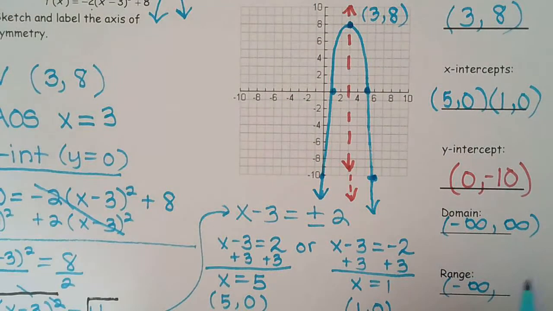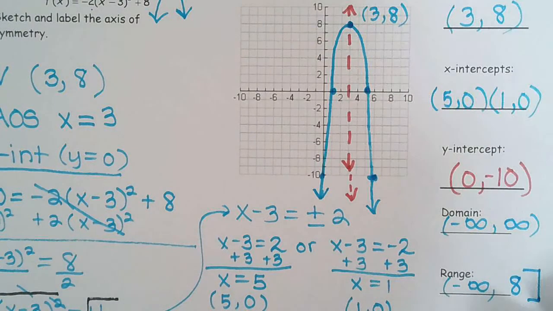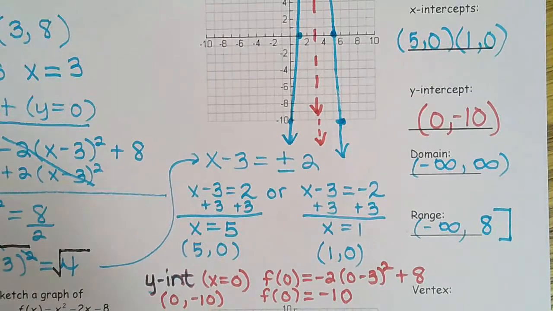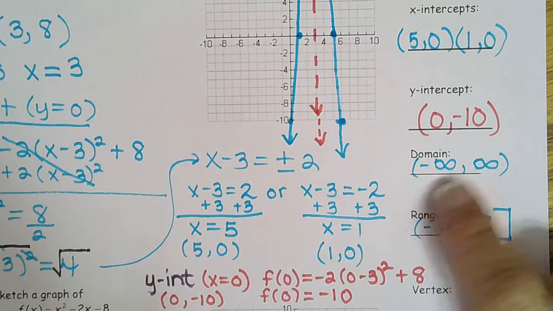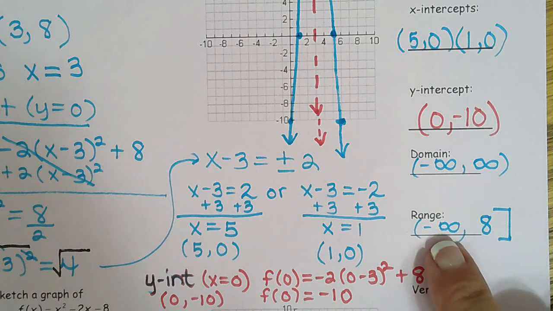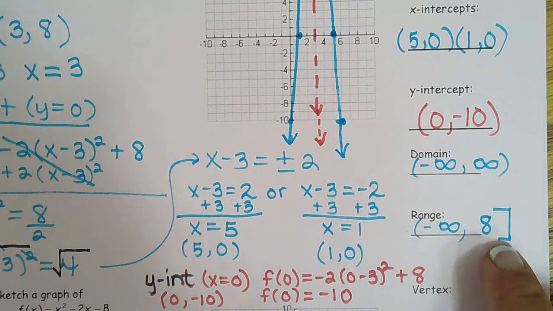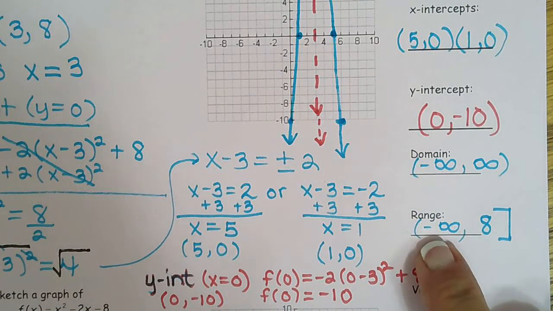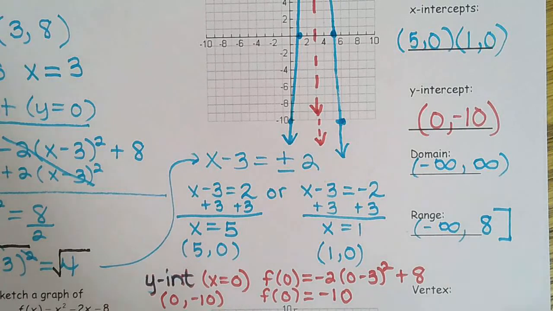And since it's a point on the graph, remember it gets a bracket just like we did in our notes earlier. So there is the domain and range. Every vertical parabola has that for a domain. Then you have to do the range from bottom to top. Lowest y value, highest y value.